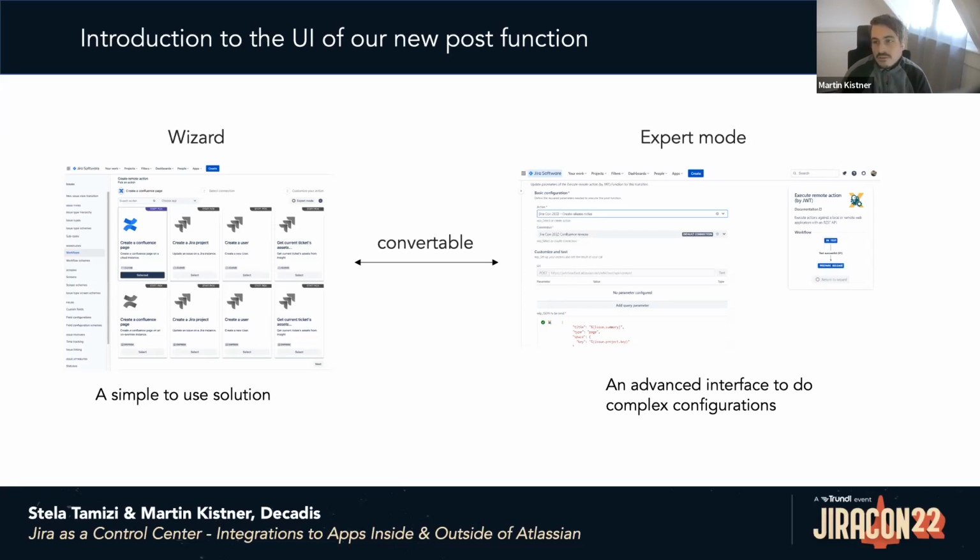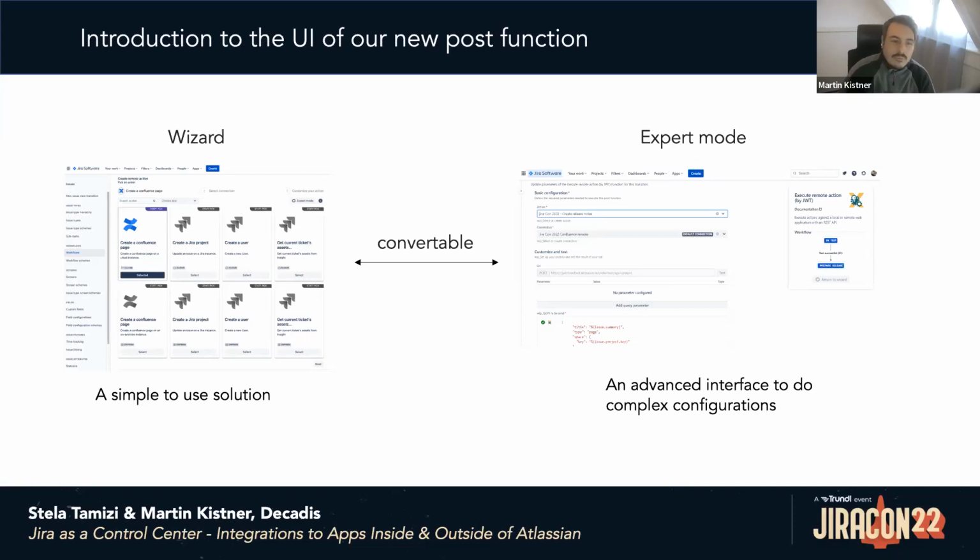On the other hand, we know that we have really advanced JWT users, which we also want to satisfy. So we also developed the expert mode. Maybe you already are a JWT customer, so you know how a post function looks like. There's a really advanced interface to do complex configurations, to get really into the technical stuff, and to even solve complex scenarios.